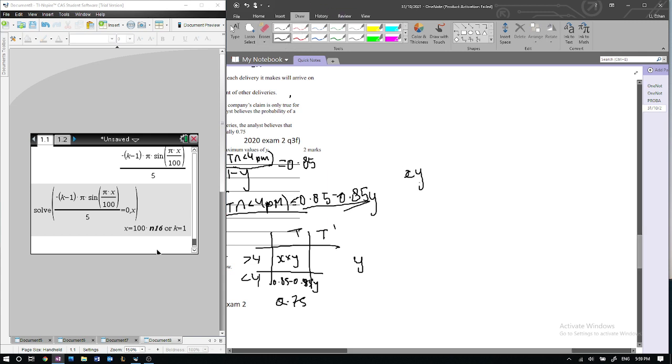x, y plus 0.85 minus 0.85y is equal to 0.75, and then we just need to rearrange for y. So I'm just going to do that now. xy minus 0.85y is equal to negative 0.1 y x.